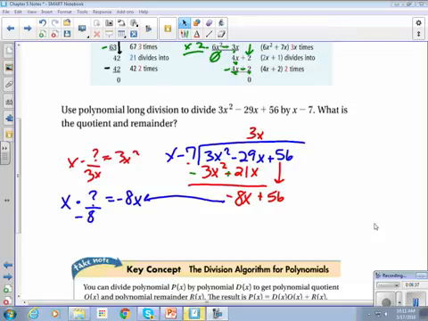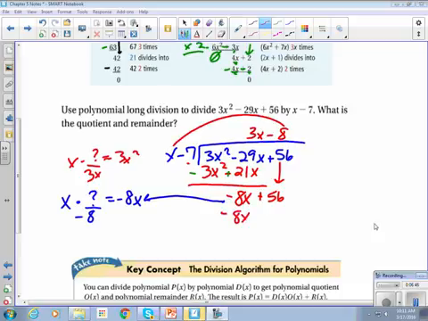So the negative 8 comes up here. And then we multiply negative 8 times x, negative 8x. Negative 8 times negative 7 is positive 56.